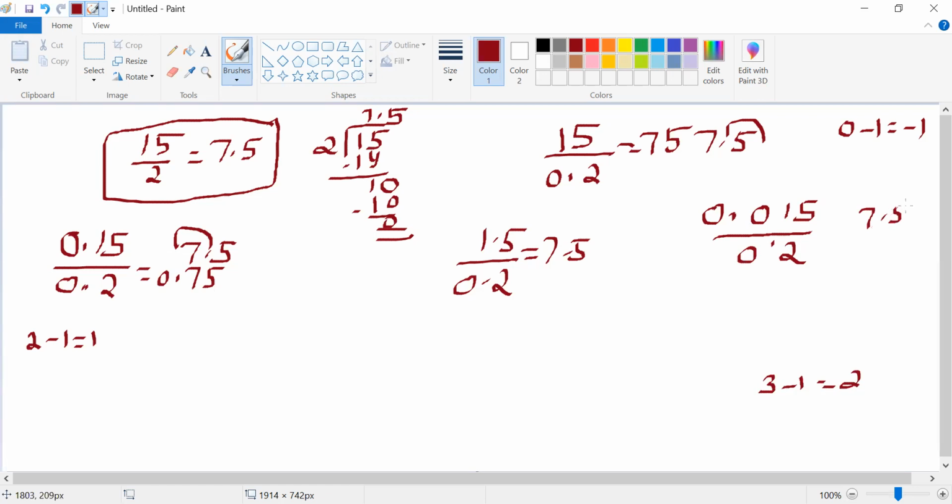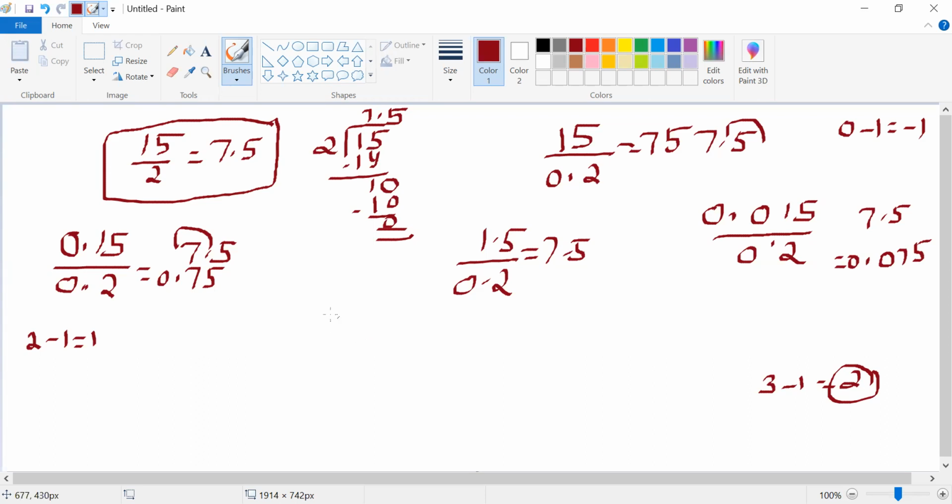The answer is already decimal, so from that, the decimal has to move 2 places left. Total 3 decimal places will come in the answer. So it will become 0.075.